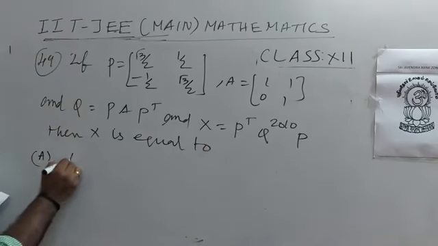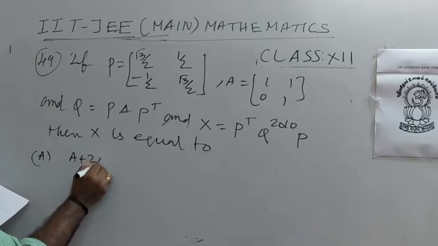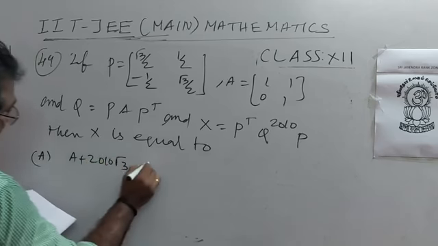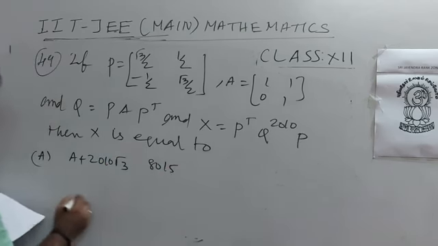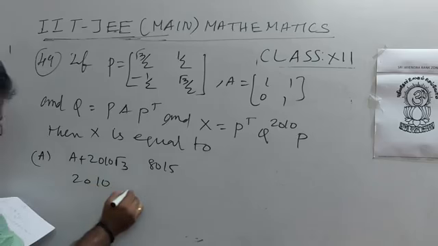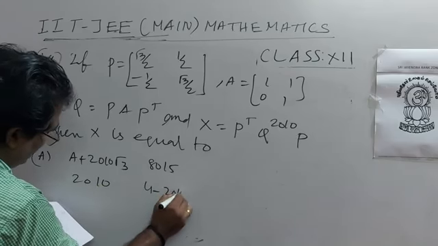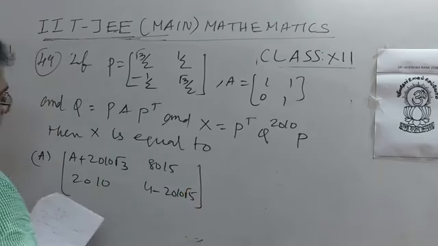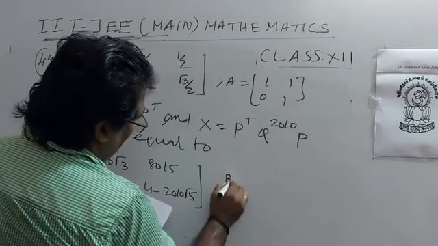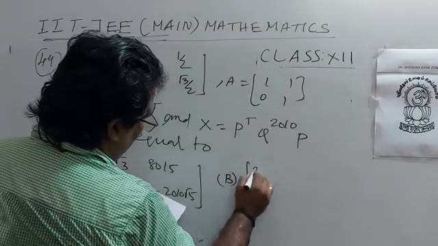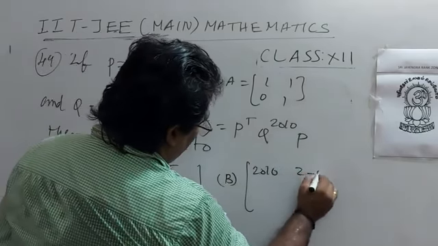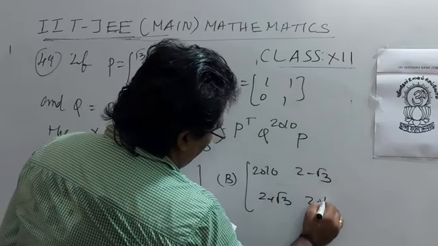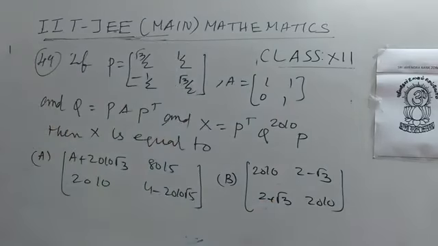Option A: [2010 root 3, 2010 ...]. Option B: [2010, 2 minus root 3; 2 plus root 3, 2010].